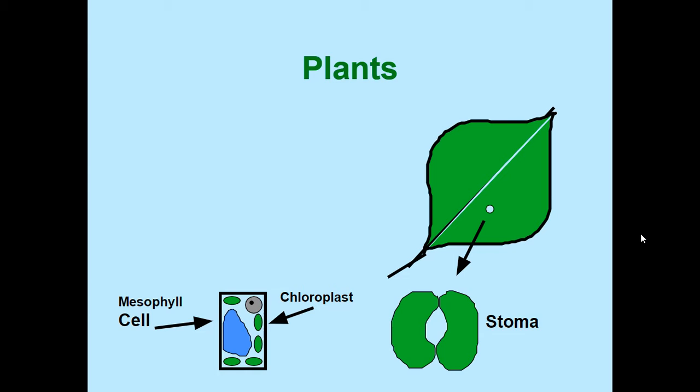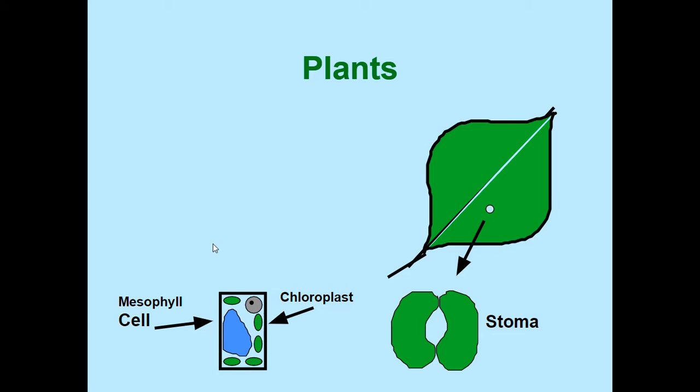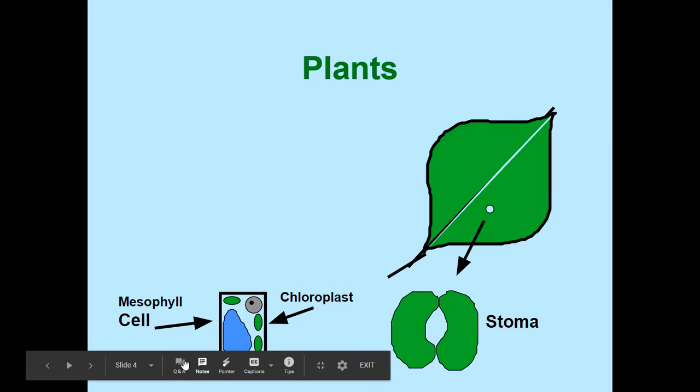So if we look at that, we start in a leaf. And in the leaf, there are things called stoma, which are little mouth openings in the leaf. And the stoma takes in air and brings it into the leaf to the other cells in the leaf.